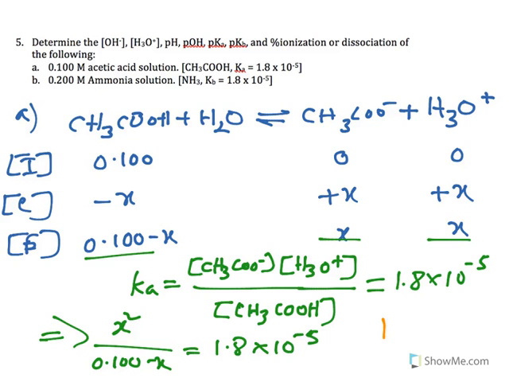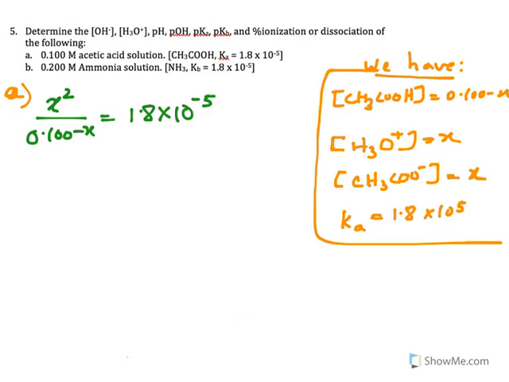Now, since 10 to the power of -5 is less than 10 to the power of -4, we can use the 5% rule, or we can use the 100 rule. It's the same thing, and we can ignore this negative x. Since we're using the 5% rule or the hundreds rule, we're getting rid of the x over here.